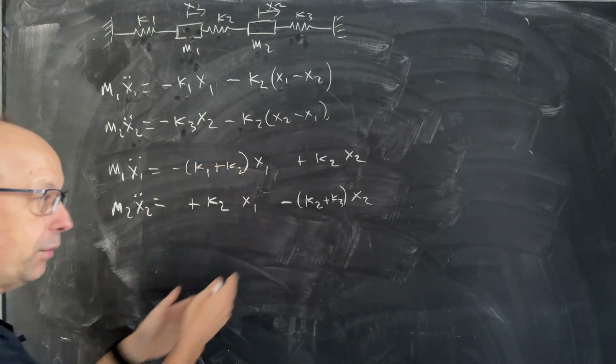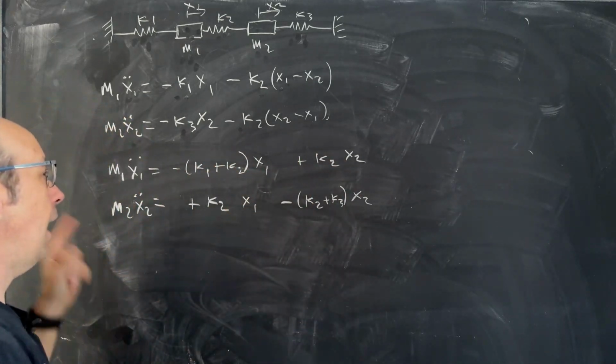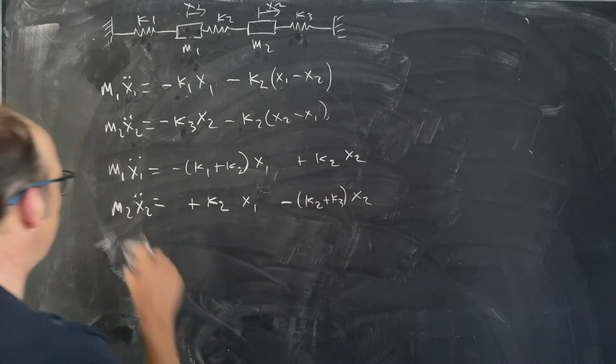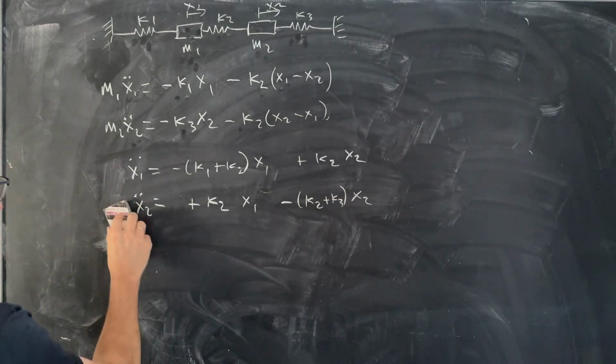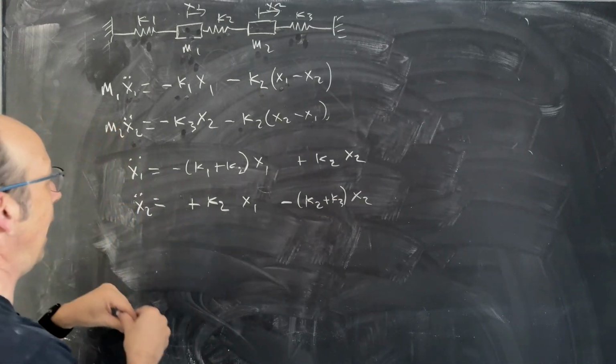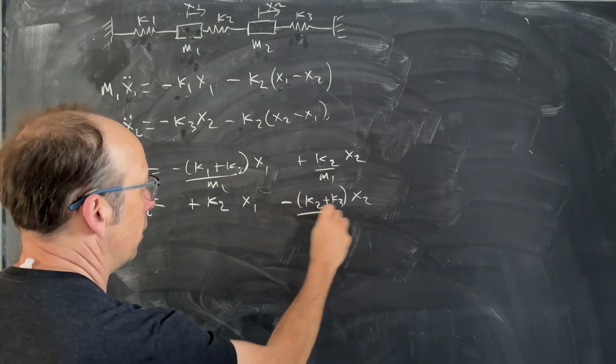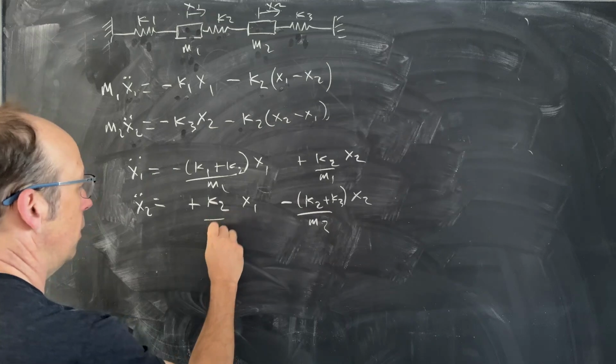And so you see I have x1s and x2s. Let's go ahead and divide by the masses, which you don't actually have to do: m1, m1, m2, m2.